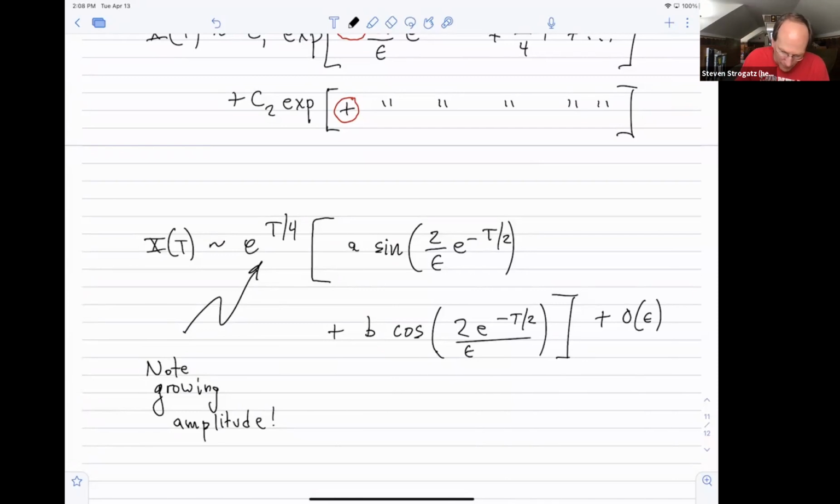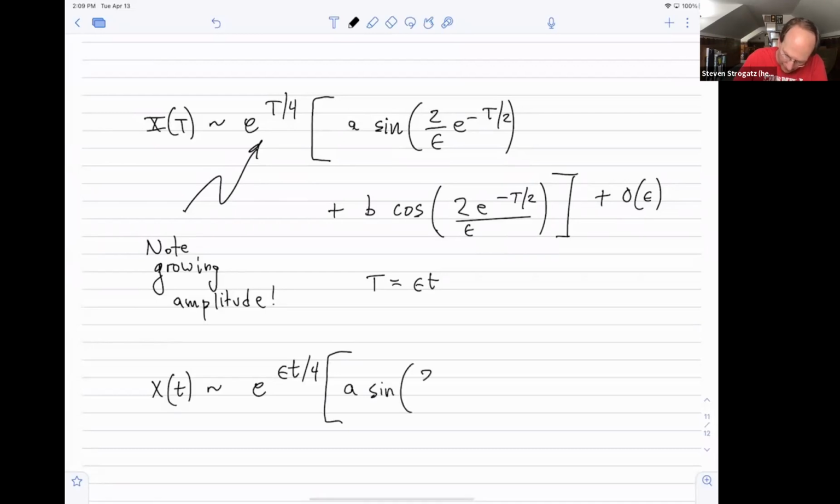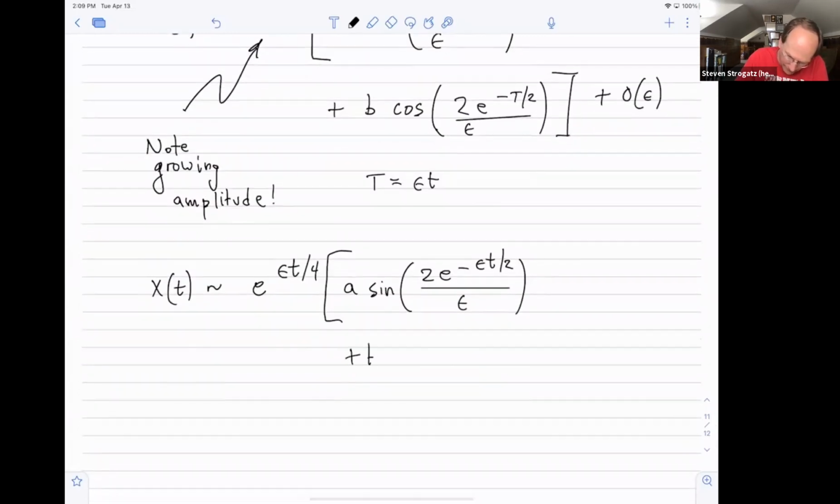Because remember that this big T is epsilon T. So if we want to write it in terms of the original time variables, it's saying that x of t is behaving like e to the epsilon t over 4, and then times a sine 2 e to the minus epsilon t over 2 all over epsilon, and then plus b cosine the same thing.